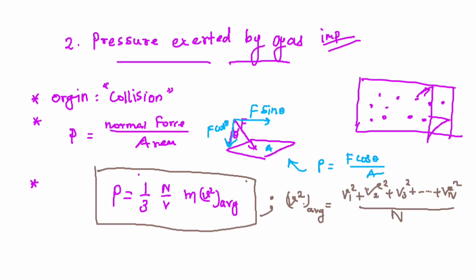We can rewrite this formula by using mass density. Let's look at how it will come. Okay, so move to the next page. We know P equal to 1 by 3 N by V M V square average, where N is the number of molecules.